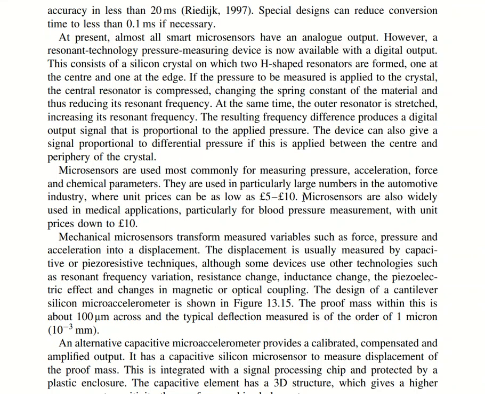At the same time, the outer resonator is stretched, which will increase the resonant frequency. The resulting frequency difference produces a digital output signal that is proportional to the applied pressure, and the device can also give a signal proportional to the differential pressure if this is applied between the center and the periphery of the crystal.